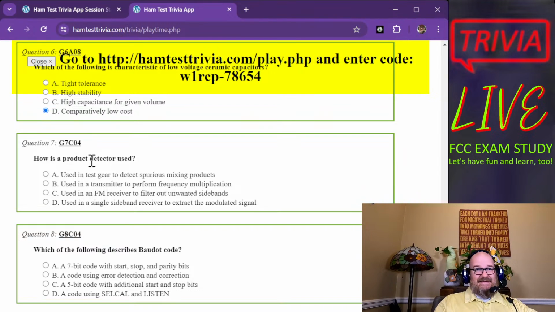I've played antennas. I've played 3D printing and stuff like that, but as far as keeping up with the times, not doing so good. Used in test gear to detect spurious mixing products. I do not think that is the correct answer. Used in a transmitter to perform frequency multiplication.